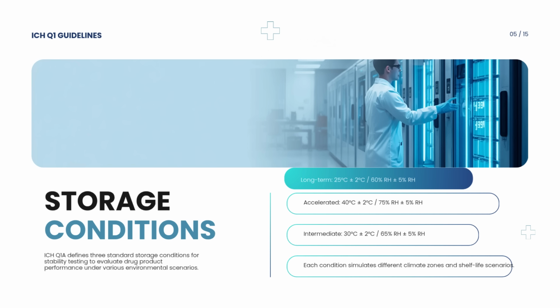So each of these conditions provides valuable insights into how the drug will hold up under different circumstances, aiding in the determination of a safe and effective shelf life. So understanding these conditions sets the stage for our next discussion on study timeline and testing intervals. Let's see how these conditions translate into real world testing scenarios.